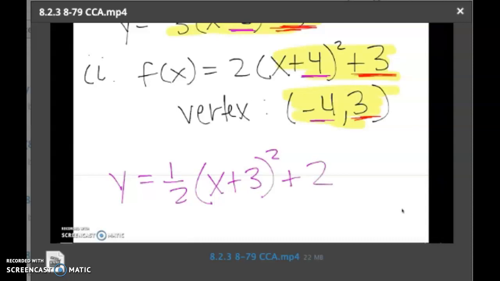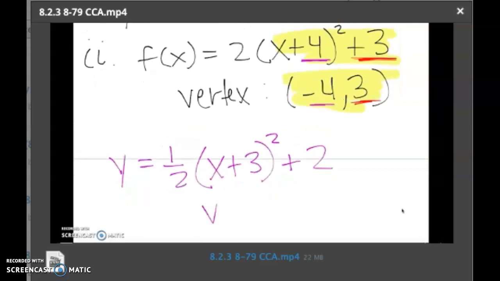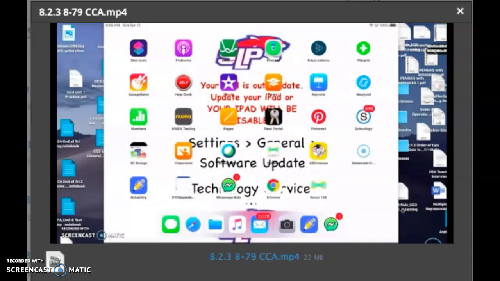So using this pattern that I saw above, the y-coordinate of my vertex should be the same as this number hanging off the end of this equation. And the x-coordinate of my vertex should be the opposite of what I'm seeing in here. So it's a +3, so I think it's -3. So I'm going to graph this now and double check that I in fact have my vertex at (-3, 2).